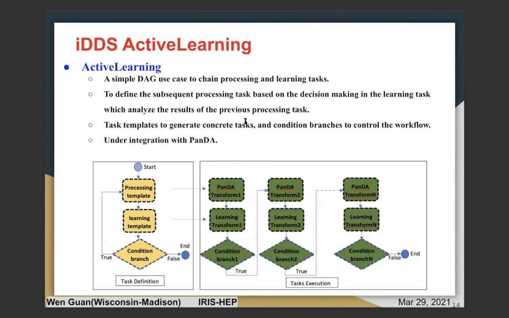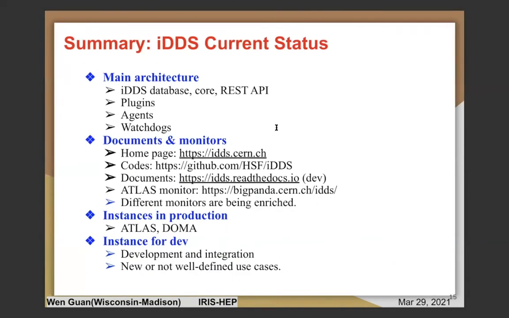Okay, here is the summary of the iDDS current status. The main structure has already been deployed for use for a long time, and at the current state, we also frequently work to improve the main structure. Here you can find the document and monitor from different places. The homepage and the code are in GitHub. The documentation is in Read the Docs.